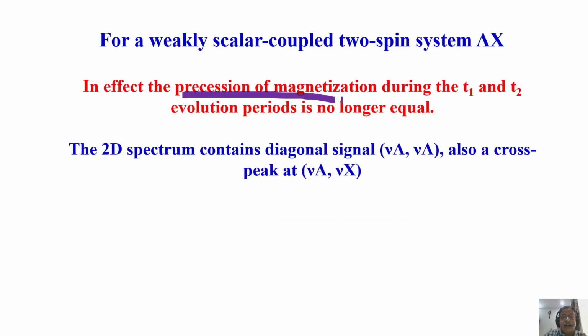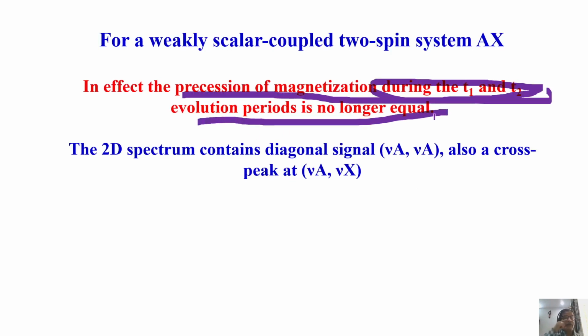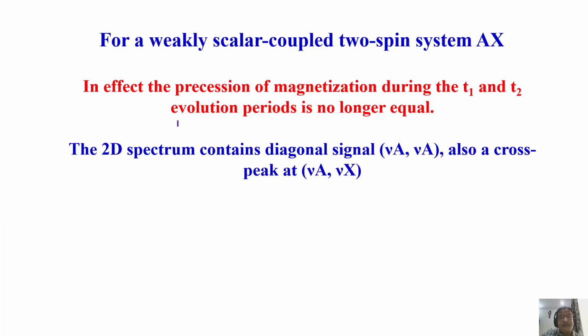Now, the precession frequency of the spins during the T1 and T2 evolution periods is no longer the same. It is not remaining as individual nu A and nu X. Individually, spin A was precessing at frequency nu A. It gives part of the magnetization to spin X also, and part goes back to the Z axis. The effect is that you can't say the precession frequencies are the same during both time periods. They are different.